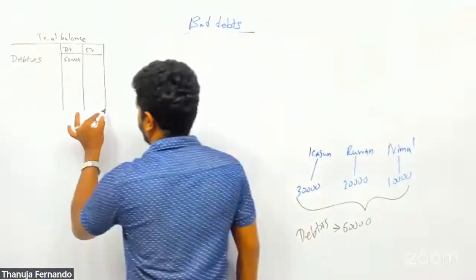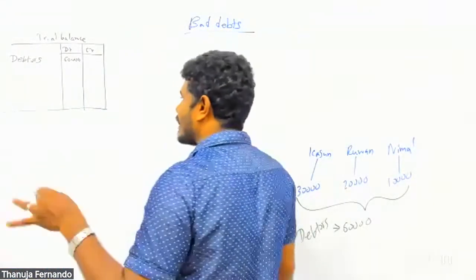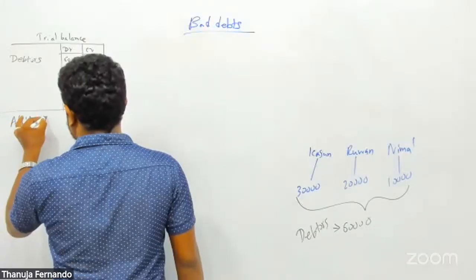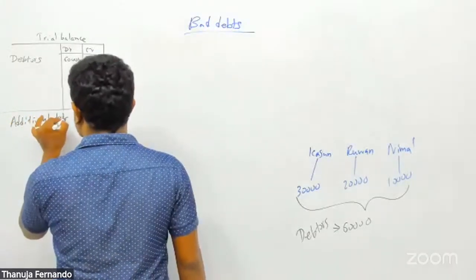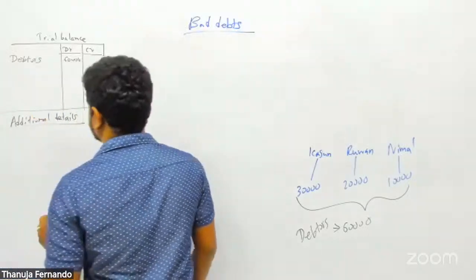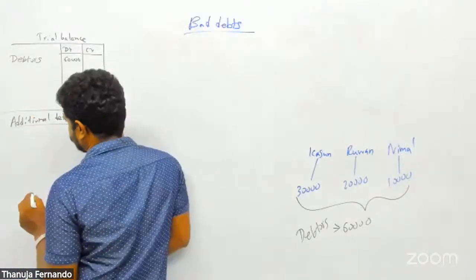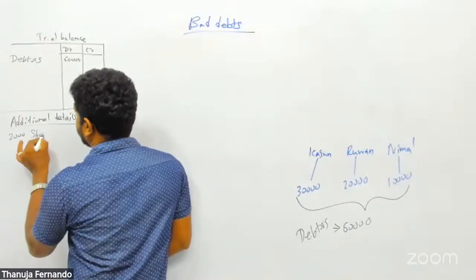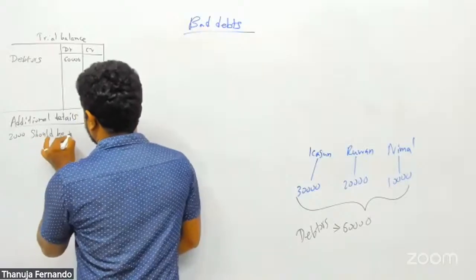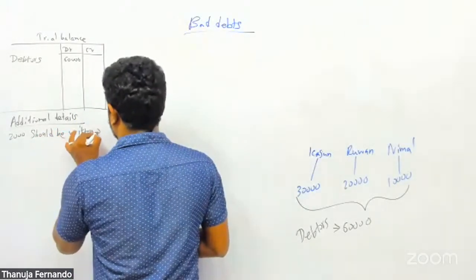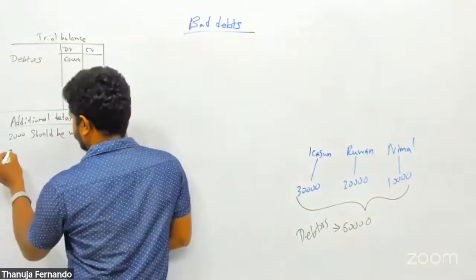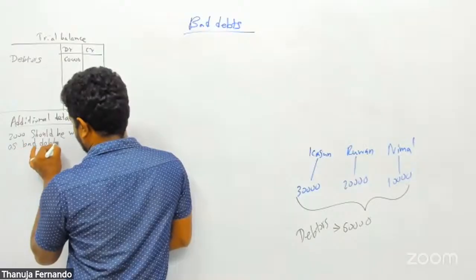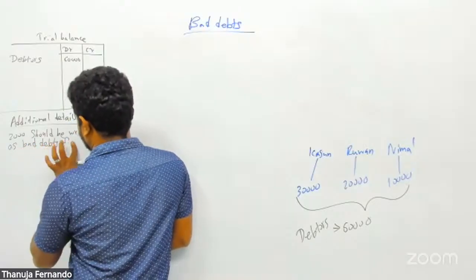So in your question, they might give you additional details or info like this: 2,000 should be written off as bad debts from debtors.